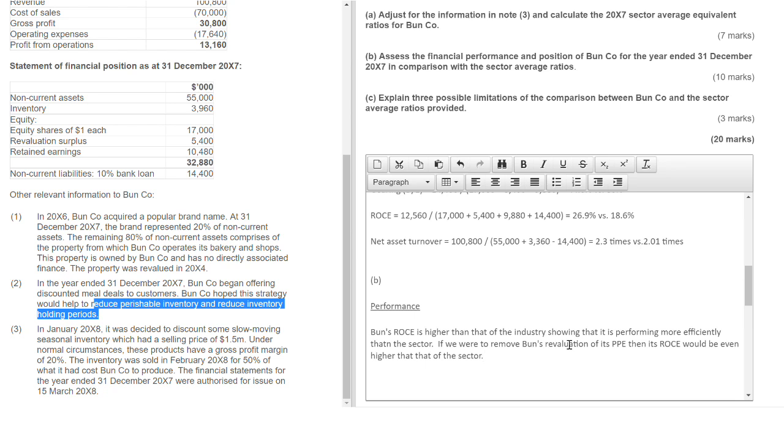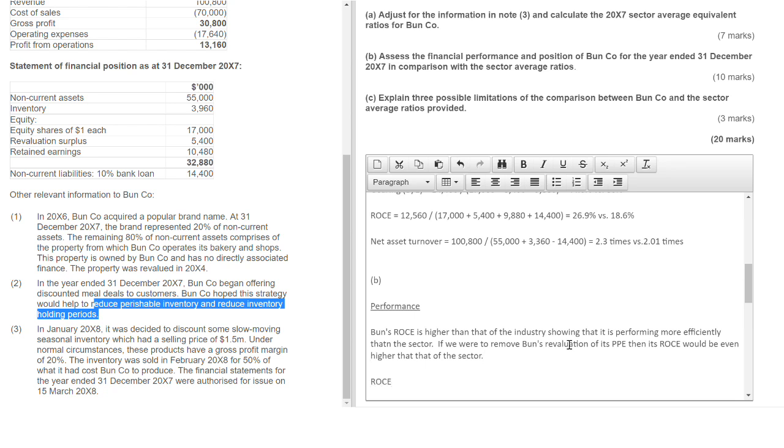And the key thing when you're looking at your return on capital employed is, remember, it is split into two aspects, isn't it? It's looking at your net asset turnover and also your operating profit margin. So we can analyze that further.